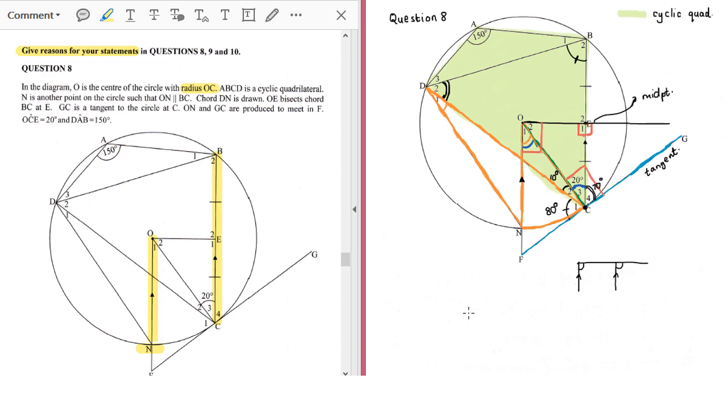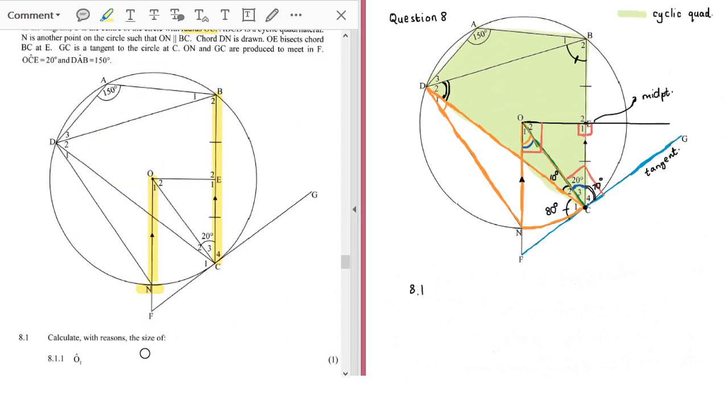So let us now go to the questions and let's see what we have to answer. Alright, question 8.1 says, calculate with reasons the size of 8.1.1, okay, we're looking for the size of angle O1. Okay, so angle O1 is right over there, right?